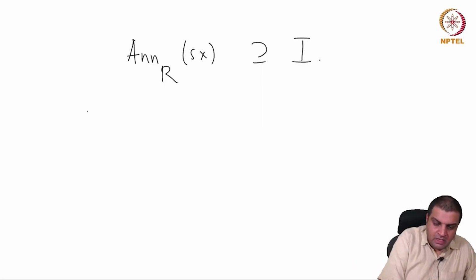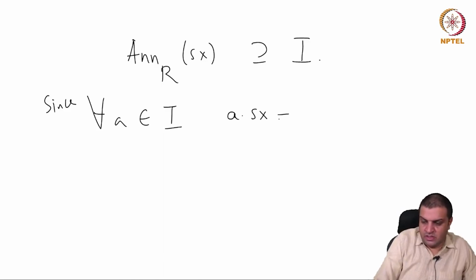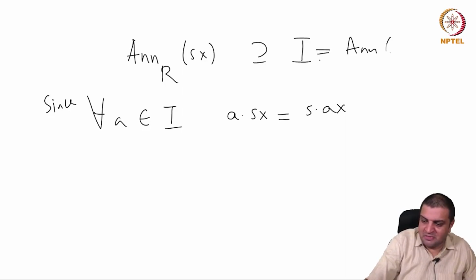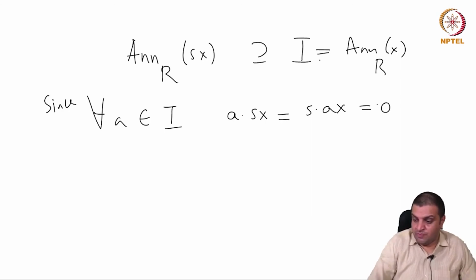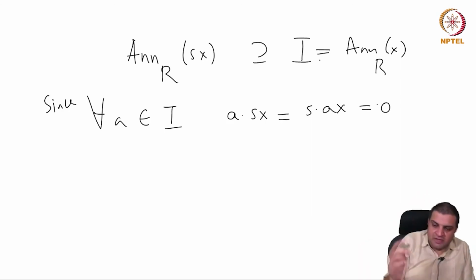Why? Because for all a inside I, a times sx is the same thing as s times ax, but a is in the annihilator of x, so this is 0. But I is maximal in that family of annihilators of elements.